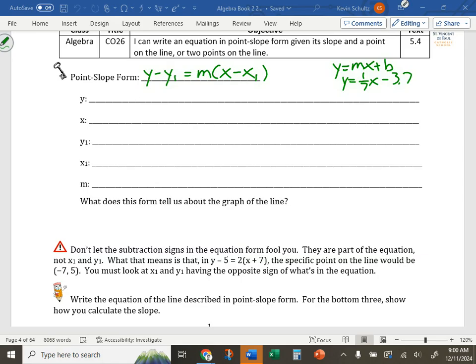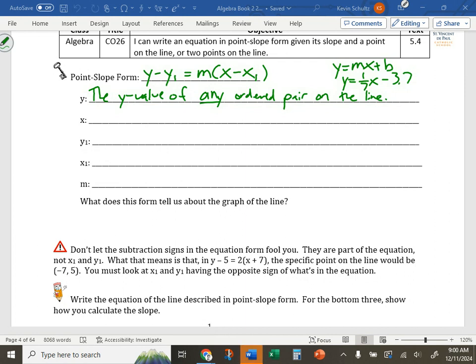But the y variable represents the y value of any ordered pair on the line. Just like it does in slope-intercept form. Right?